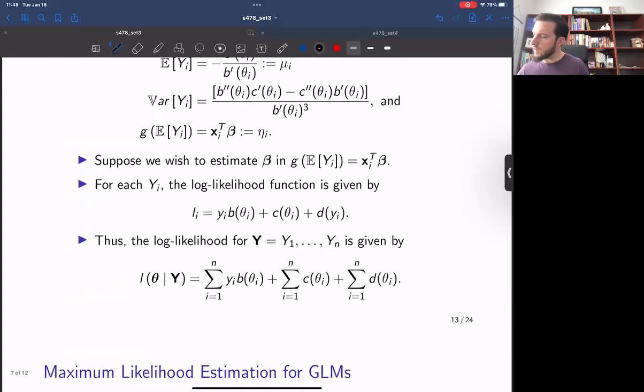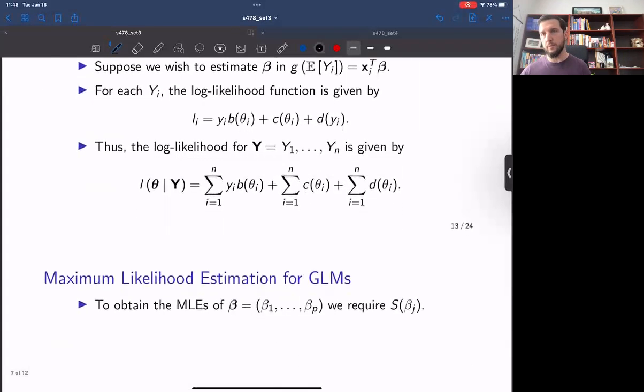All right. Now, we've already seen an illustration of this, but it's also worth recalling that the likelihood function for yi can be represented as shown at the end of slide 13. We have a similar representation shown before. Note that here I have pulled the sums out front of the theta i for c and d. Given that these are only functions of theta, you could also write them as n c theta i or n d theta i.